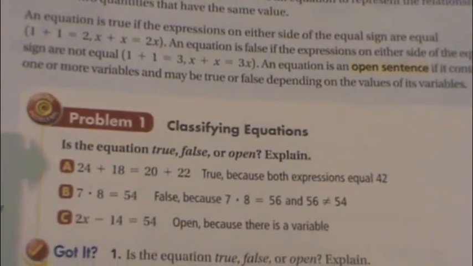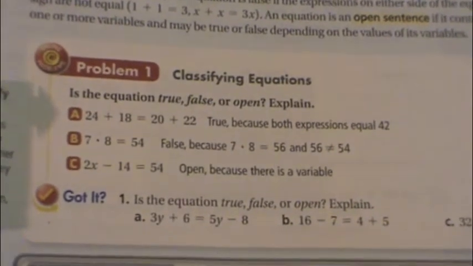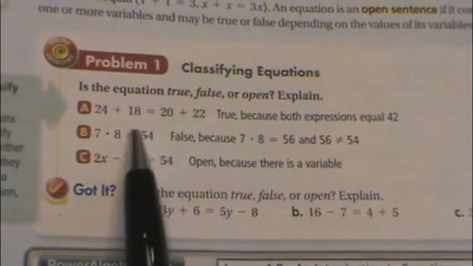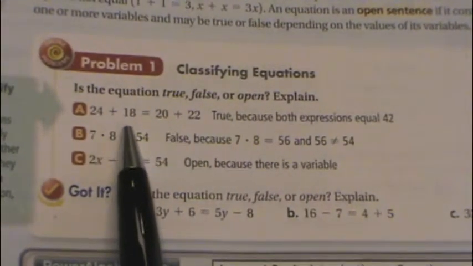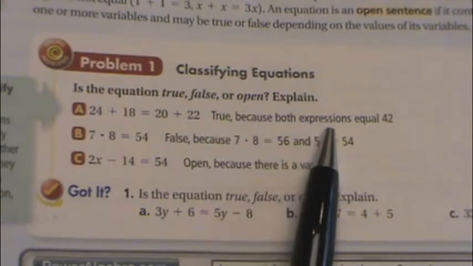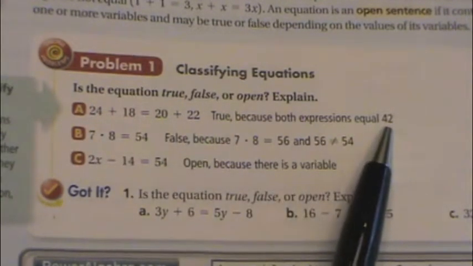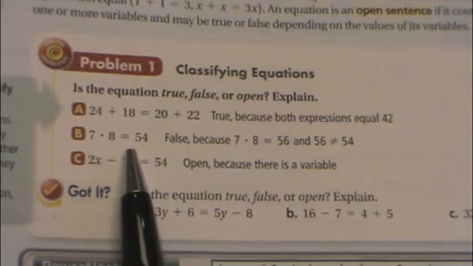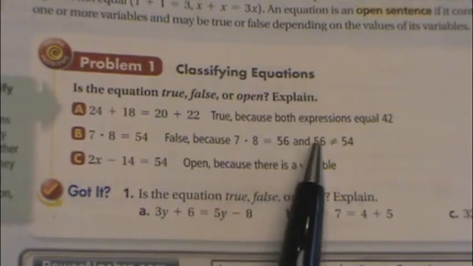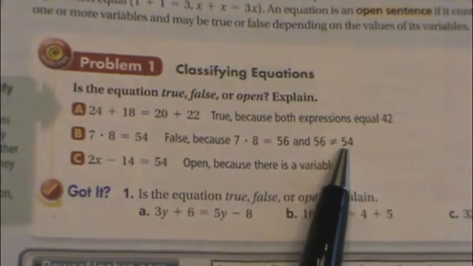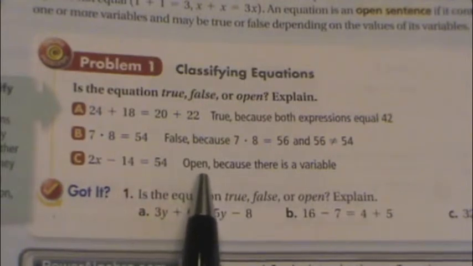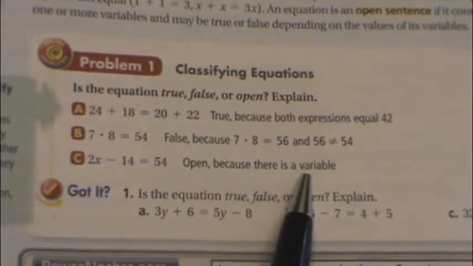Problem 1. Do not write these down. We're just going to zip through this together. Is the equation true, false, or open? Explain. 24 plus 18 is equal to 20 plus 22 is true because both sides of this equation are equal to 42. 7 times 8 equals 54 is false because 7 times 8 equals 56, and 56 does not equal 54. 2x minus 14 equals 54 is an open sentence because there's a variable.